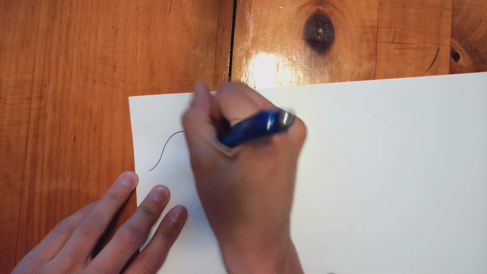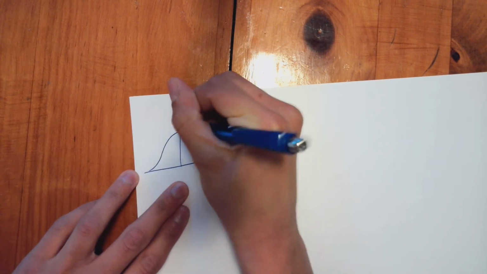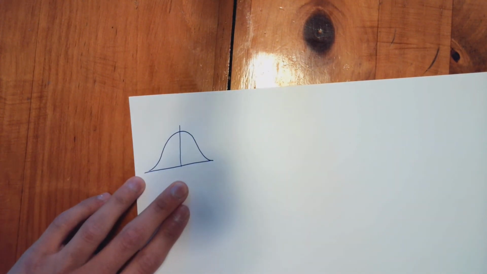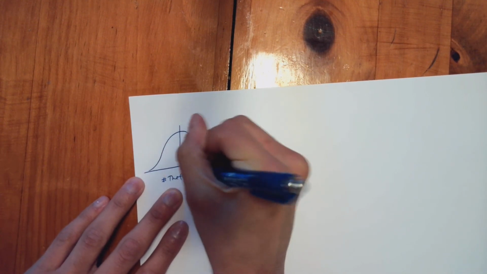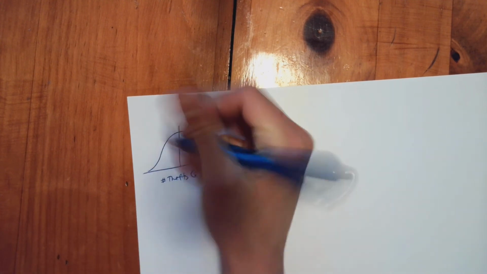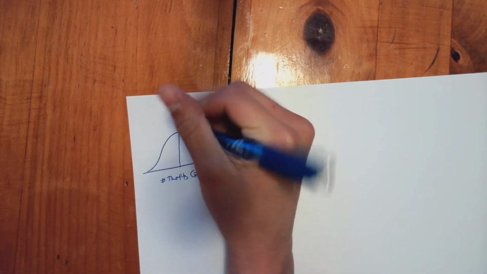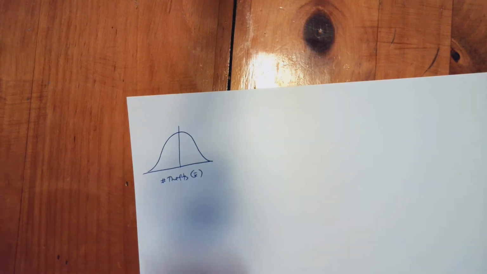So I'm going to redraw this here and tell you some things about the samples you're likely to get just based on this sampling distribution. So we have number of thefts, which is x bar. We have a standard deviation of 2.74.